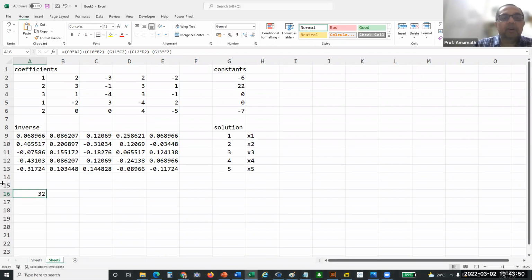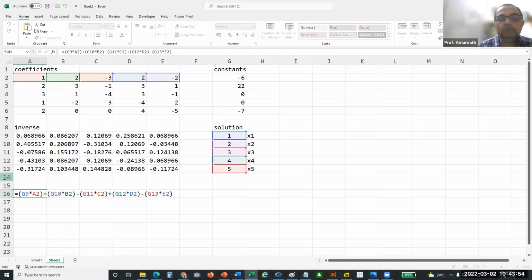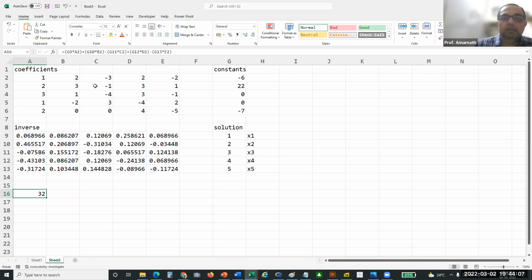So when we see the formula, if I say F2, whatever coefficients are there, I have taken them. Professor, can you remove the minus, G11 into C2 and G13 into E2, and see what is the value, and then do G11 and G13 and see what's the value, and see if you subtract both, you get 6.